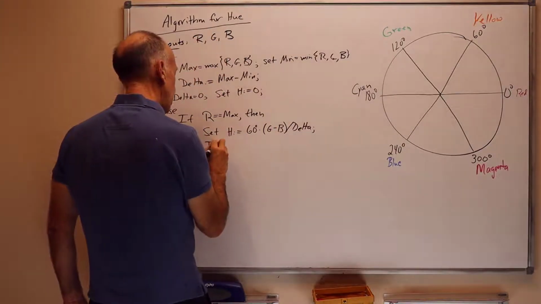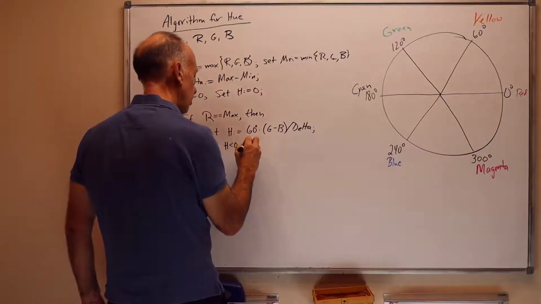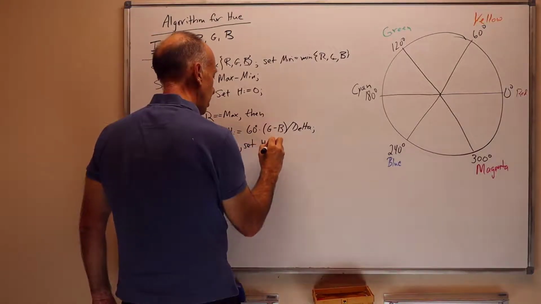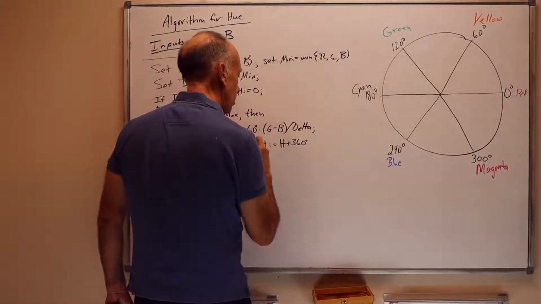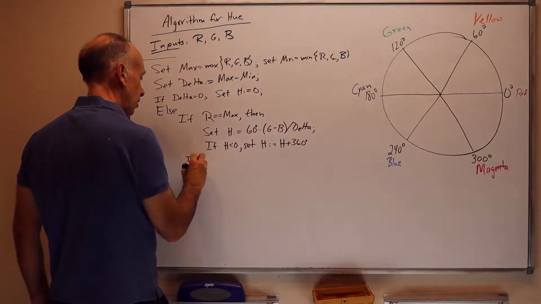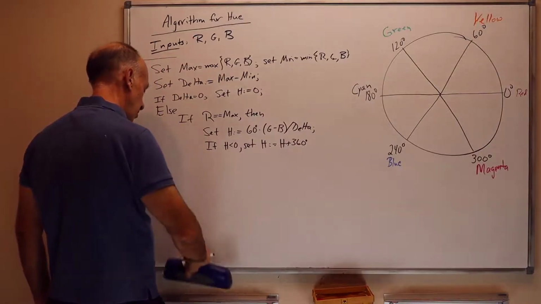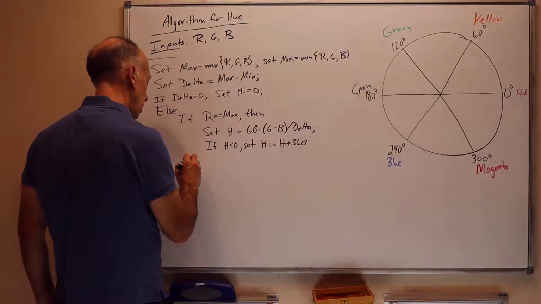If this gives a negative value, if H is less than 0, we'll set H equal to H plus 360 degrees to bring it back positive and make always the hue in the range 0 to 360.